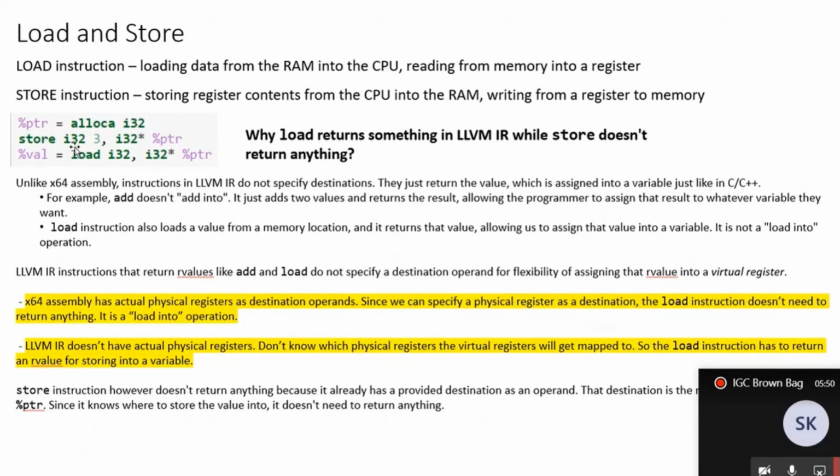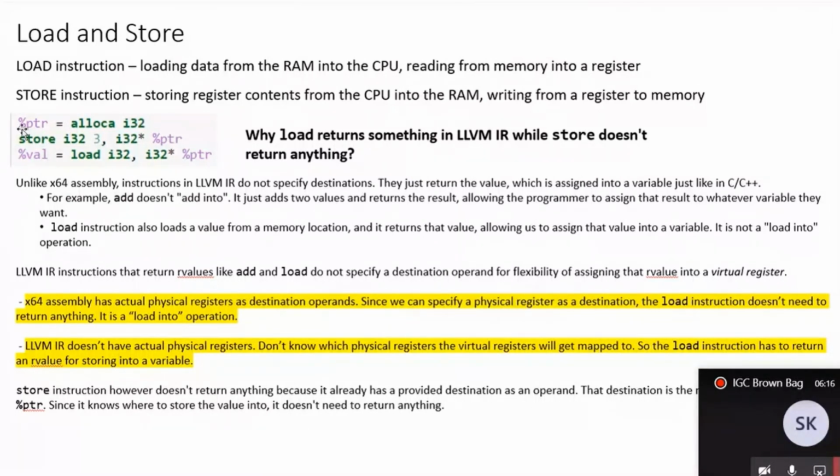So we store 32-bit integer value 3 into this pointer. And on the next line, we load a 32-bit integer value out of the memory location pointed to by this pointer value. And if you were to print %val, you would indeed see that it is a 3.